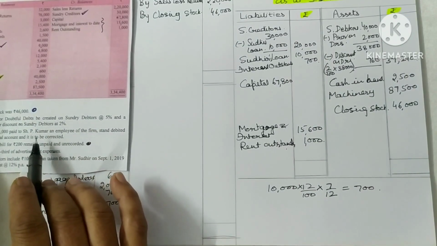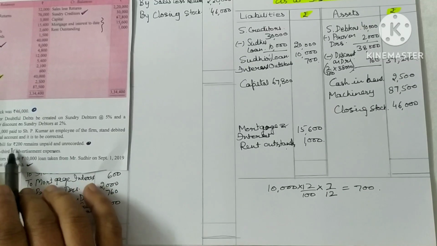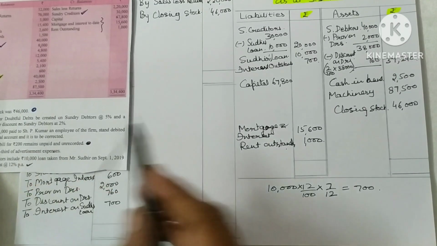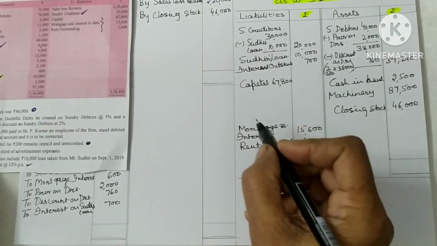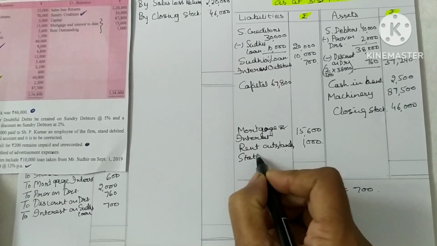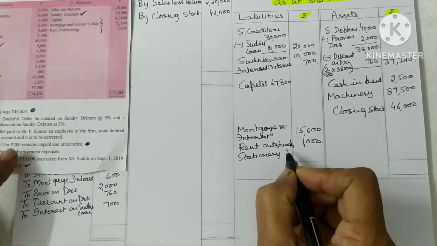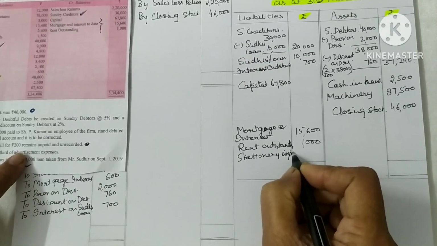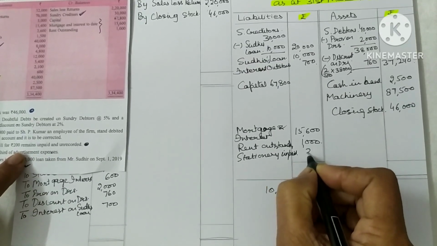Next adjustment I have already done. This P. Kumar's adjustment is also done. Stationery bill of 200 remains unpaid and unrecorded. This is your liability, so you have to show it here. Stationery unpaid, 200.